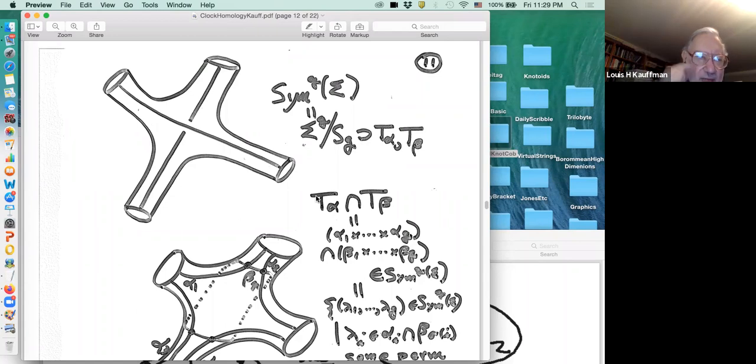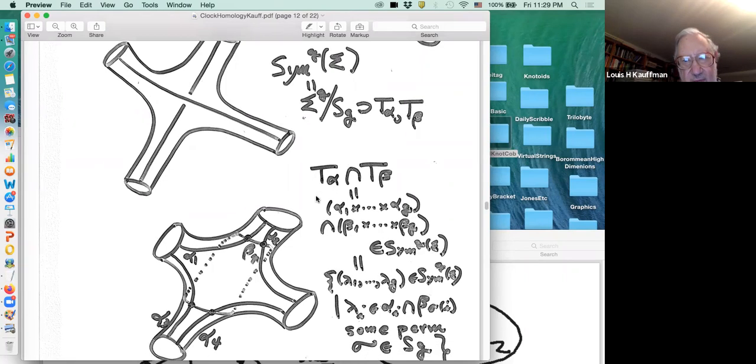And inside of that is the equivalence class of the product, the g-fold product, that's a g-dimensional torus of the curves that go into one handle body. And there is the product of the curves that go into the other handle body. It's g-dimensional, but modded out by permutations.